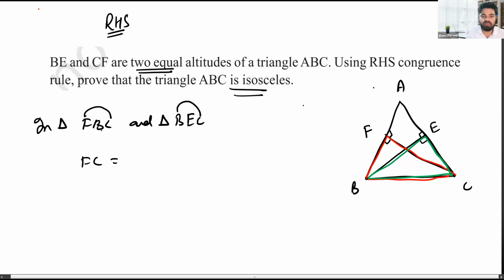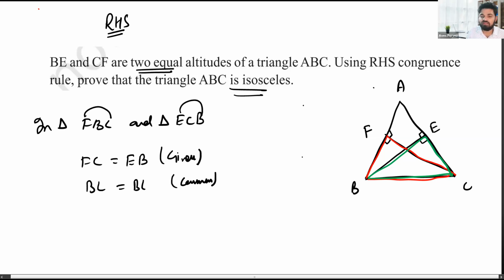I have taken FBC, and I have to write the name accordingly, so if I have taken F, then B, then C, then I have to take ECB. Then FC will be equal to EB. It is given that the altitudes are equal, and BC is equal to BC, common in both.